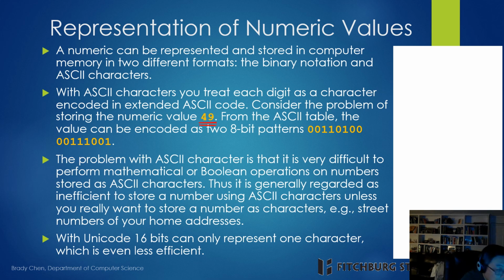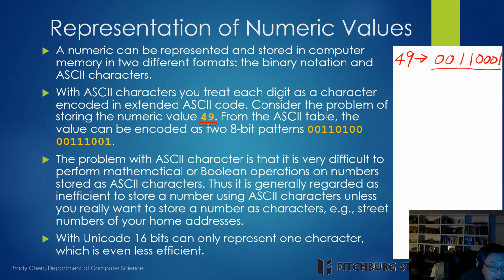If we treat 49 as binary notation, then we can directly convert 49 into a binary representation, which is 110001. If you want to put this binary notation in 8 bits, then we can add 2 zeros to make it 8. Okay.